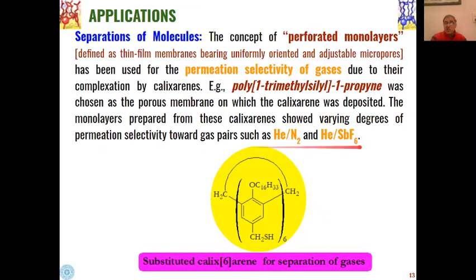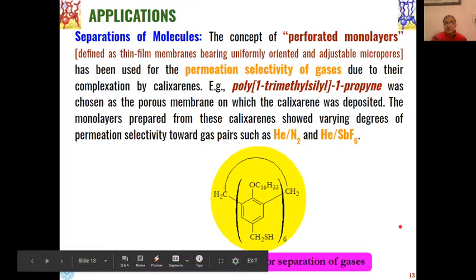So these can be selectively permeated on these porous monolayers which are formed from the reaction of this with the calixarenes.